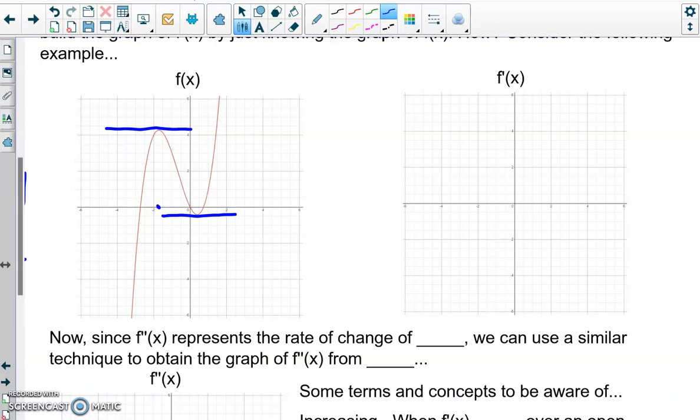So on my f prime of x, I am going to have a point. Looks like maybe negative 1.6 something, maybe negative 1.7. The y value on f prime of x would be 0 because the slope is 0 at that x value in the original graph.